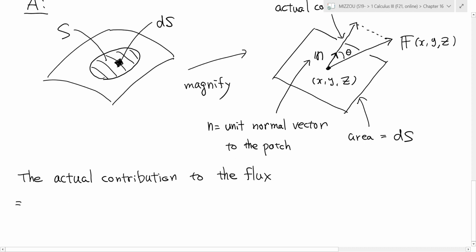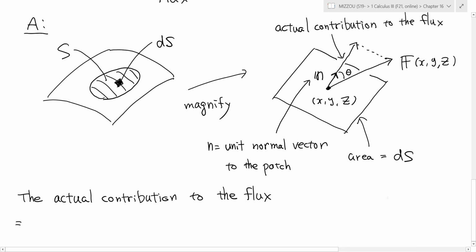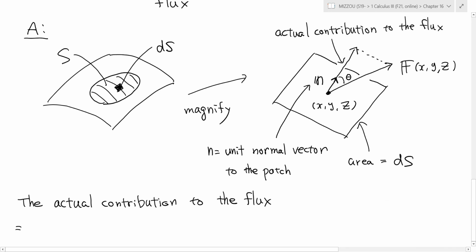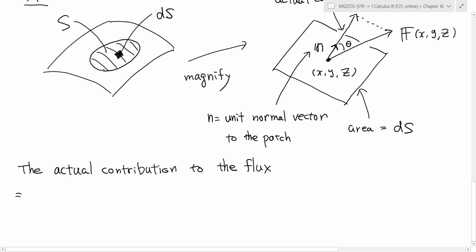It's a scalar, essentially the magnitude of F(x, y, z) times the cosine of theta.